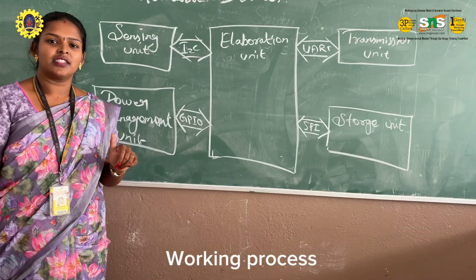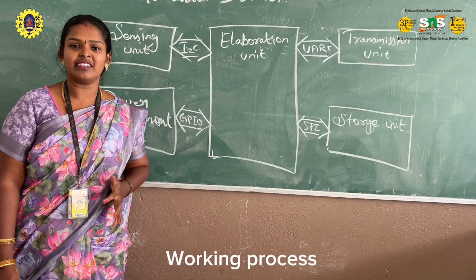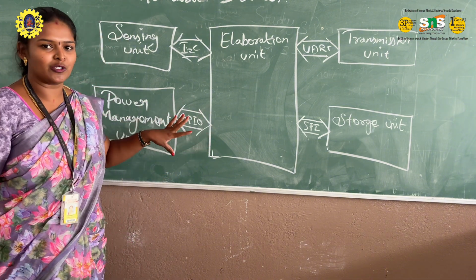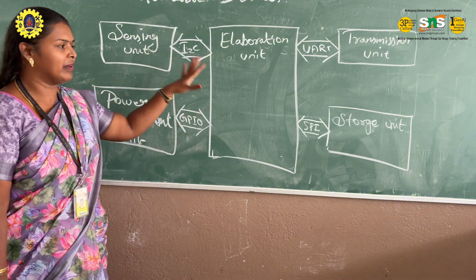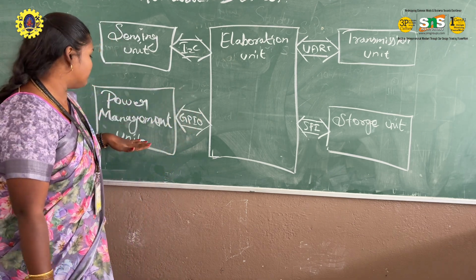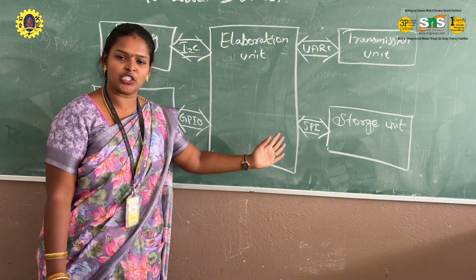Let us discuss the working process of the wearable device. Previously we saw the prototype model, so now the working process. In this wearable device we have 5 units: sensing unit, power management unit, elaboration unit, transmission unit and storage unit.